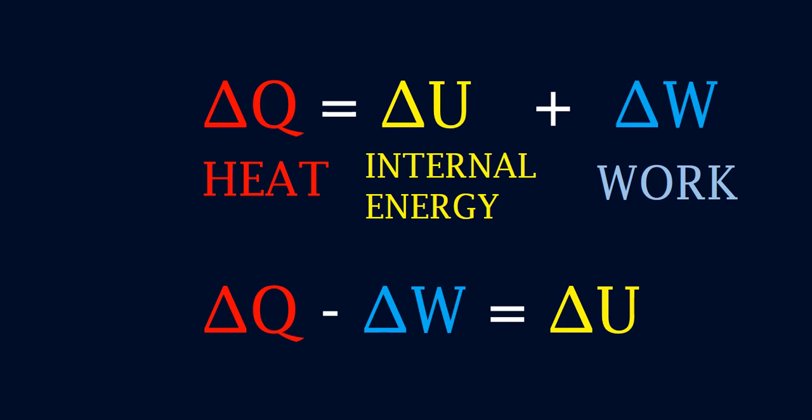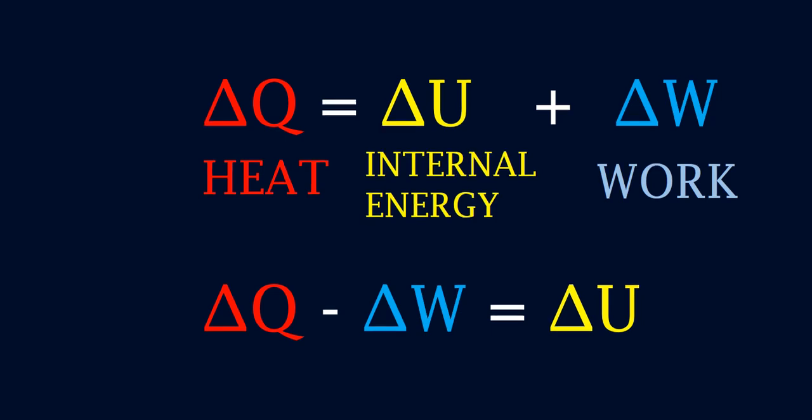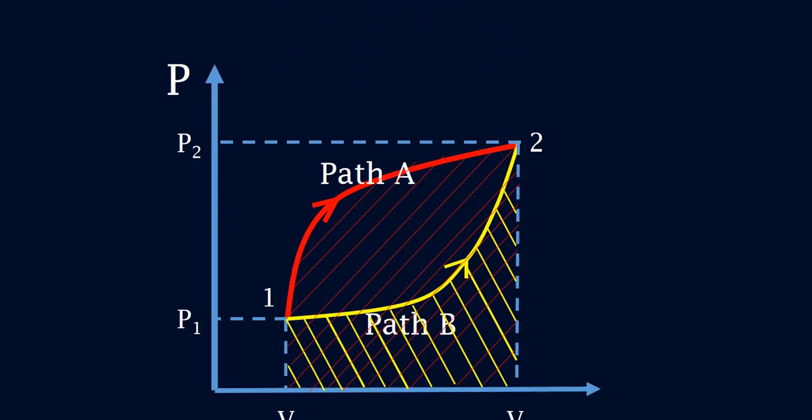Imagine a gas transitioning from one state to another, represented by point 1 having the coordinates P1, V1, to a point 2 having the coordinates P2, V2. Various routes such as path 1 and path 2 are conceivable for this transition.